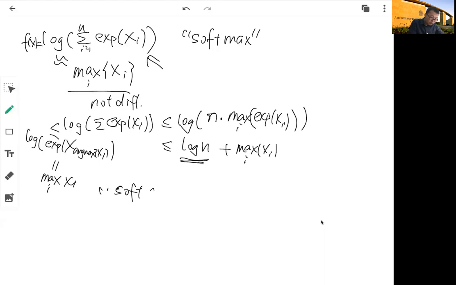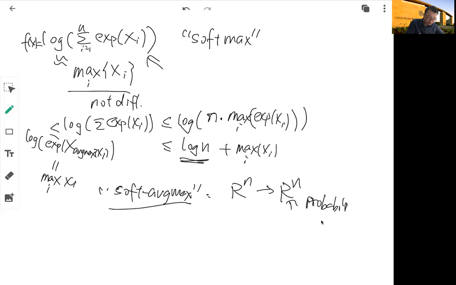Now, soft argmax. The soft argmax function is a transformation from R^n to R^n, actually to a subset of R^n that is always a probability.